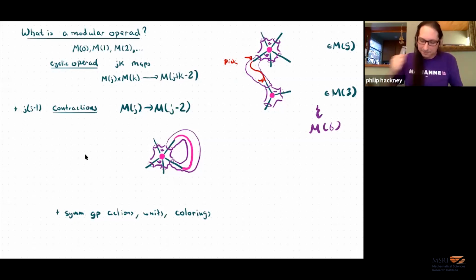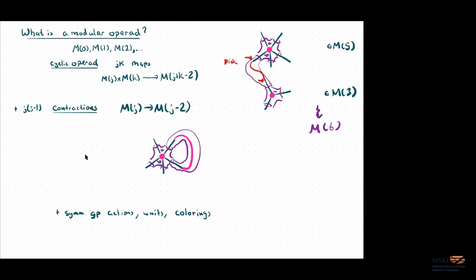Okay. I'm sorry, this is Ezra again. I want to pipe up again. If you've chosen an order on the legs, then yeah, j choose 2. But until you've chosen that order, your j times j minus 1 is more agnostic. But there are going to be relations among those, that's all.